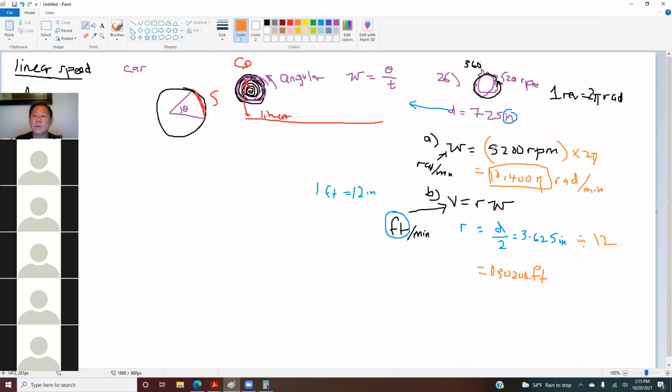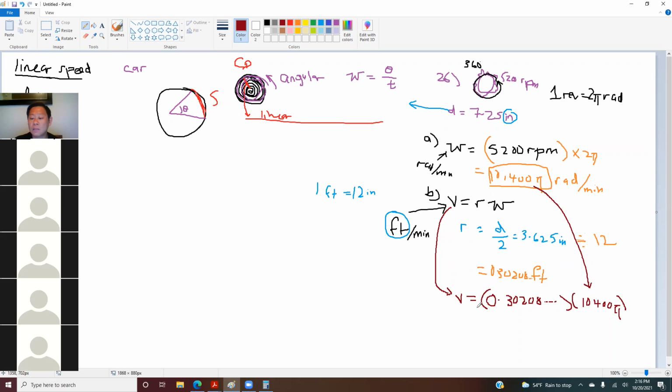So now we got omega, which is in per minute, and we got the radius in feet. That's why it's feet per minute here. You just apply this to your formula. V is the radius, 0.30208, all those decimals that we have, multiplied by omega, which is 10,400 pi.